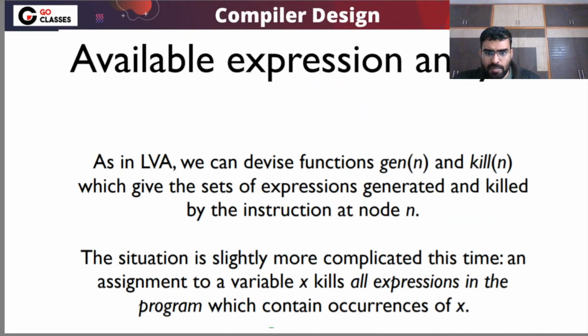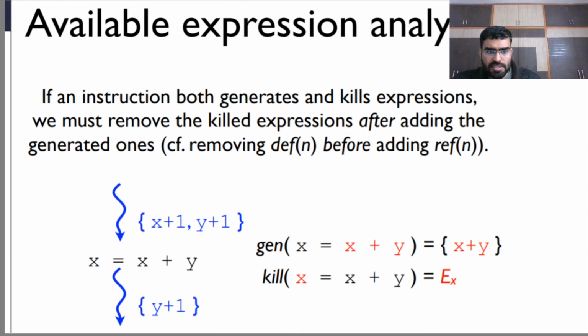Let us see another example. This example you take. Here x plus 1, y plus 1. Now you can notice this x plus y will be generated, but after that it will be killed.